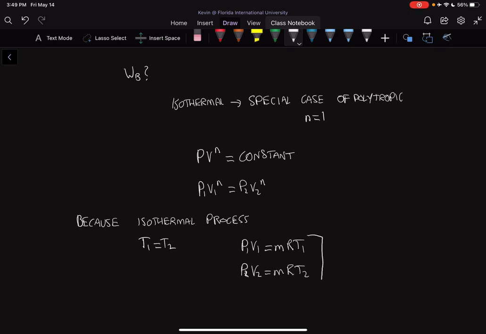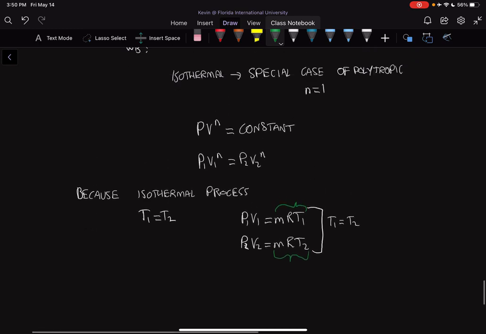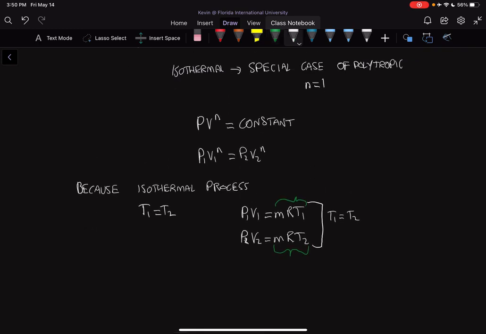We know here that T1 is equal to T2. What happens to the right side of the equation? If temperature is the same, essentially P1V1 is equal to MRT and P2V2 is also equal to MRT, just a general temperature, which is T1 or T2. So we can just write MRT1 would be equal to P1V1, which is equal to P2V2.